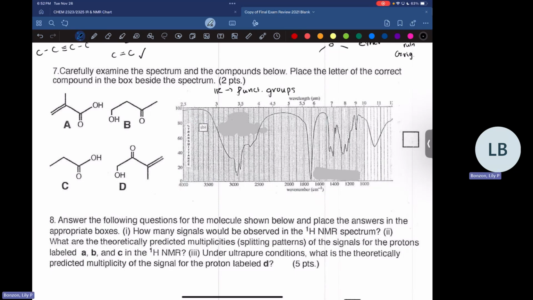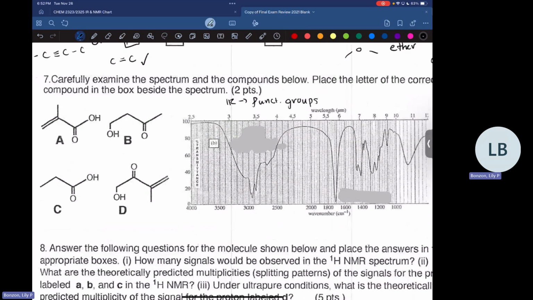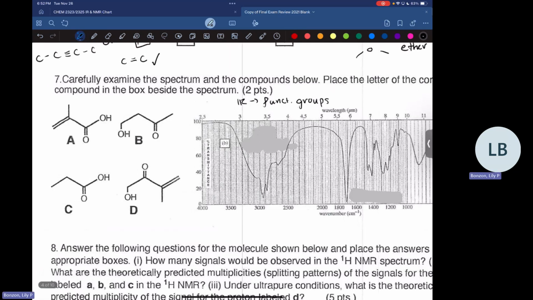So James has a very helpful cheat sheet for IR NMR on his website. So I highly suggest you look at that because it is a really good cheat sheet. And it helps practice with identifying what peaks look like and what they tell you about the functional groups.